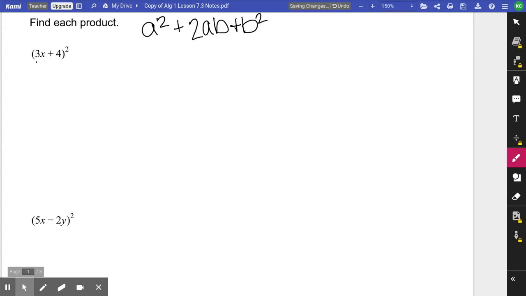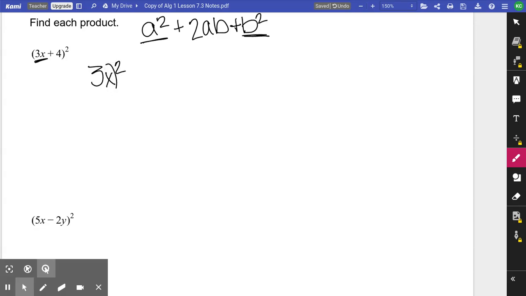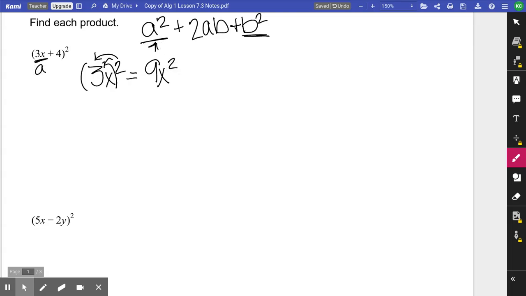So I like to go ahead and get my a squared and my b squared taken care of. Okay, so I'm going to have 3x squared. And remember, I'm taking my square and I'm distributing it in. So that's going to turn to 9x squared. So there's my a squared.